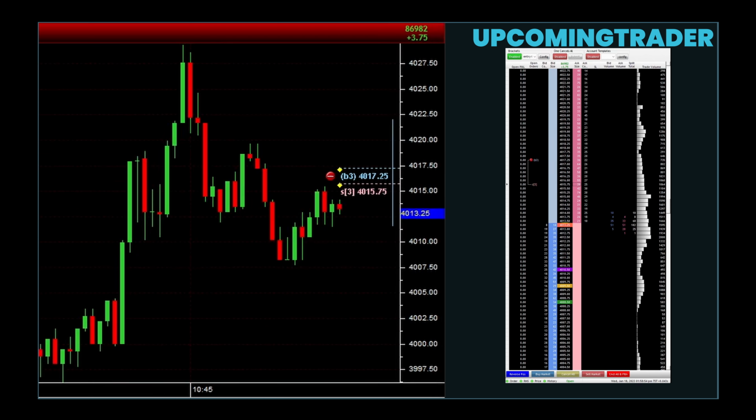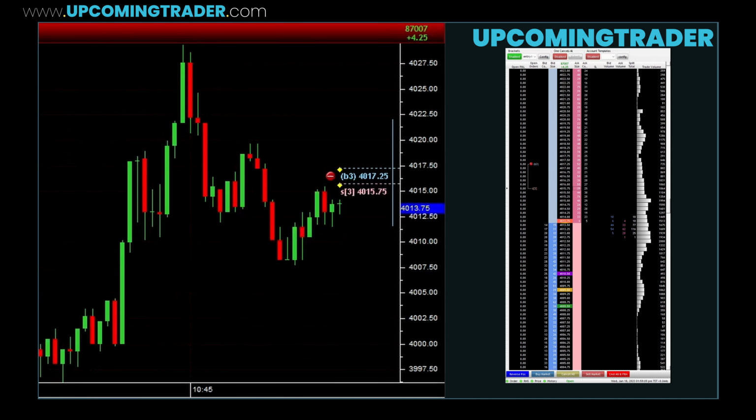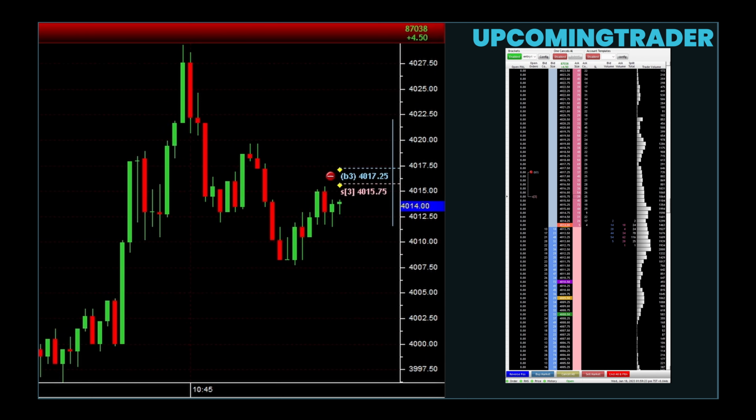It is also a good idea to experiment with different time frames. Try different combinations of short-term and long-term exponential moving averages and find out what works best for your style. Let us do a quick recap of what we have learned today. The exponential moving average strategy uses two exponential moving averages, one for the short term and one for the long term, to find buy and sell signals.